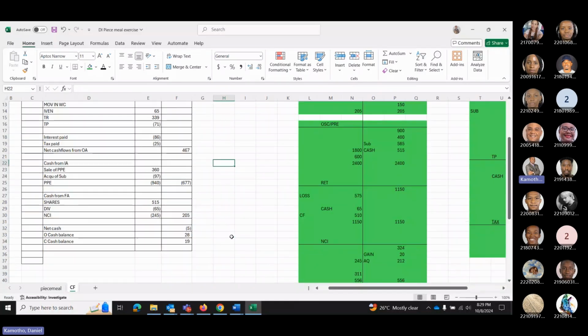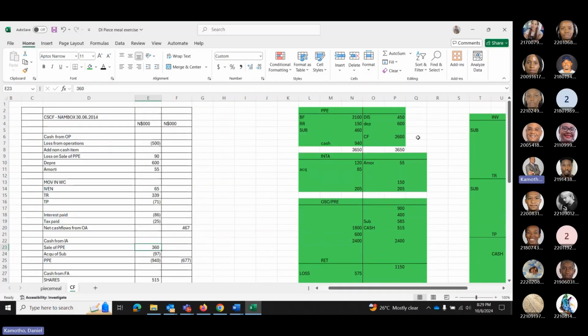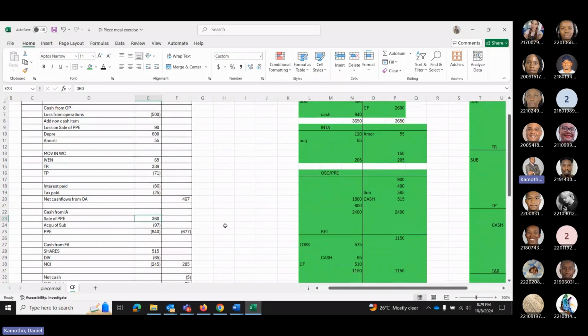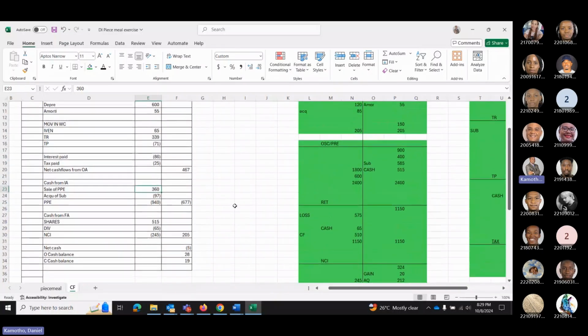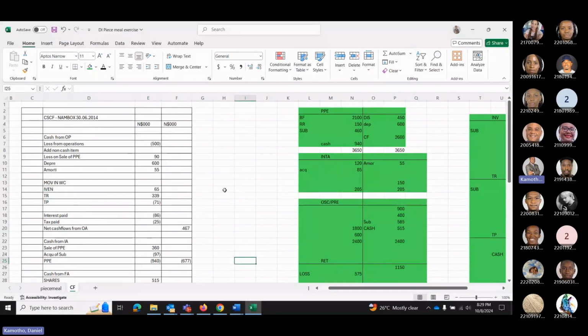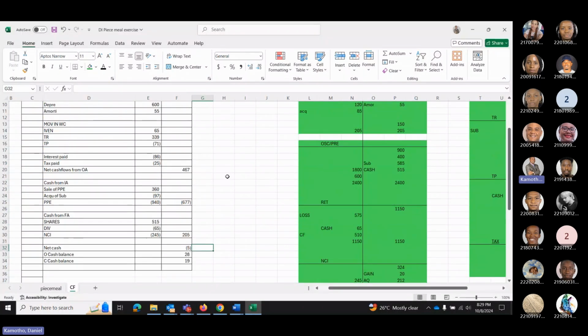Yeah, we are supposed to have received 360. The equipment was sold for 450, but we received 360. Yeah, that is one. That was a mistake there. Anything else? Again, you can see here we are now having a difference of 4.